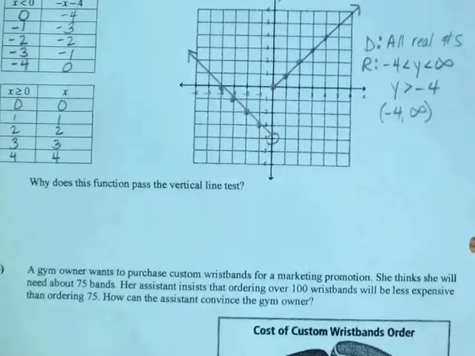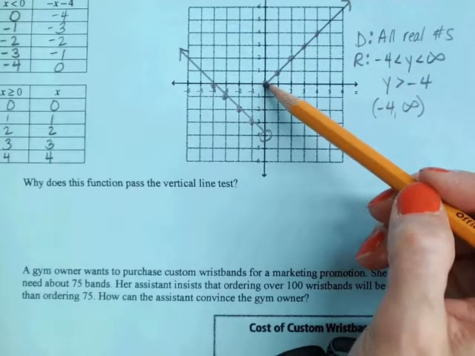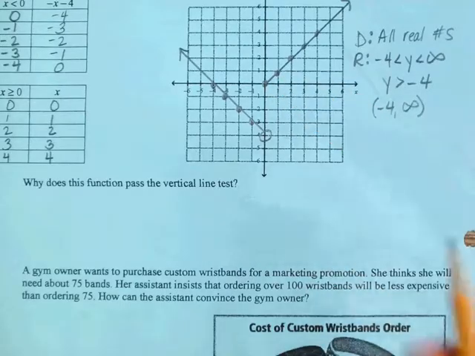Let's go ahead and think about, why does this function pass the vertical line test? Does our vertical line pass through more than one point? You're going to say no. It only passes through this one point at 0, 0. So let's write that down.